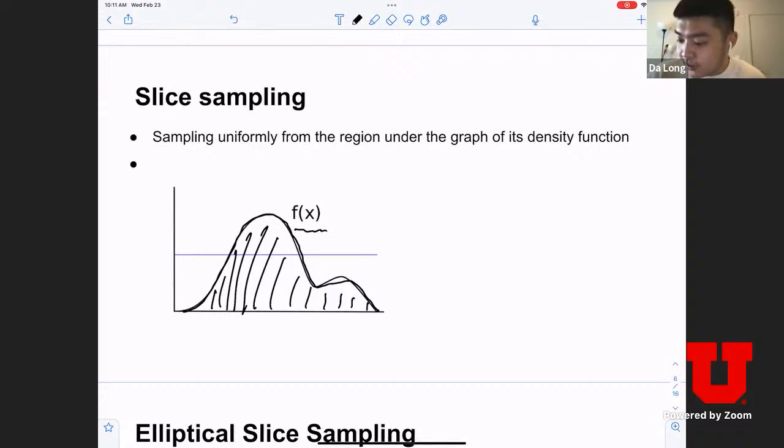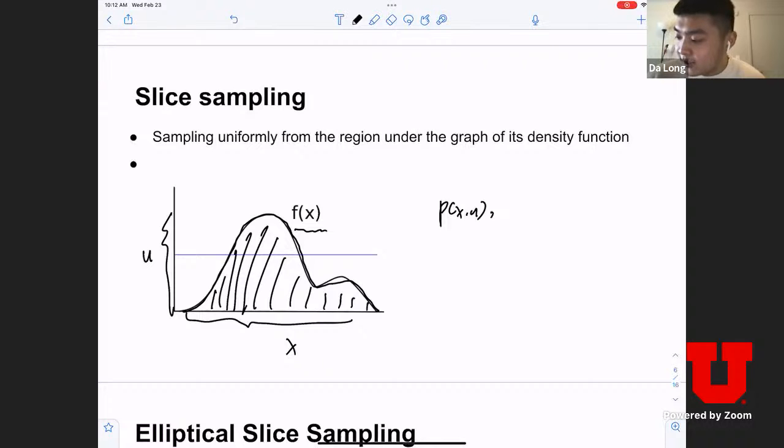So we will use an auxiliary random variable and denote the height as u. So the joint distribution for u and x is a uniform distribution.